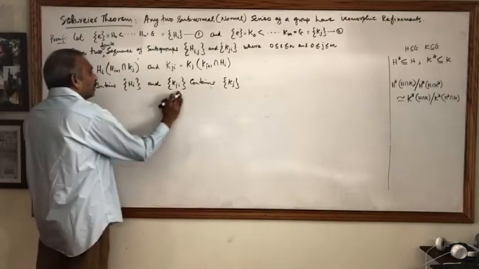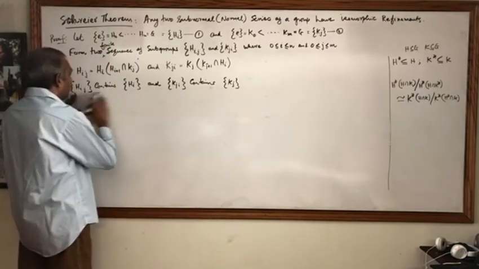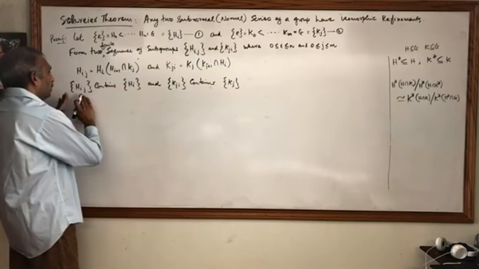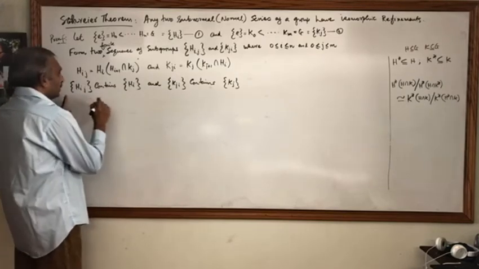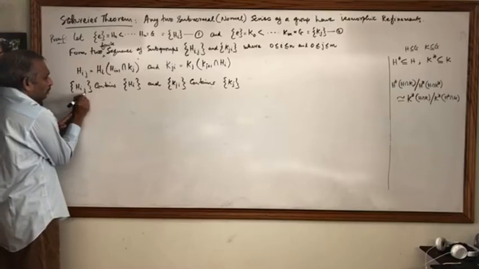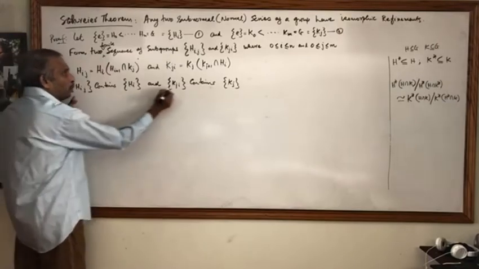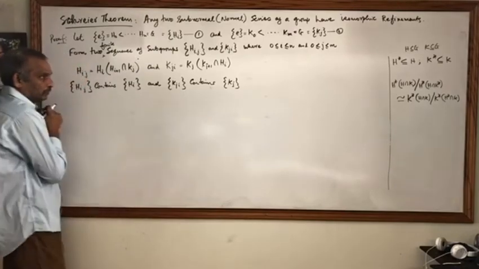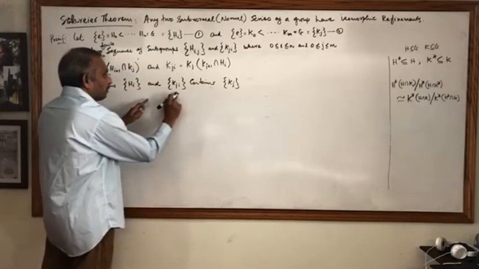Both have the same number of elements, because i varies from 0 to n and j varies from 0 to m in both cases. So the number of elements here is equal to the number of elements here.